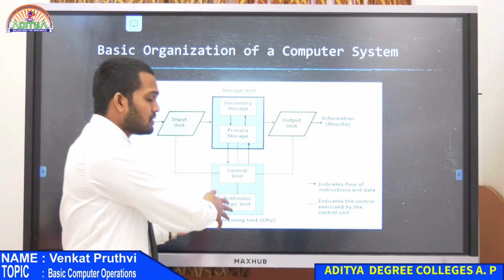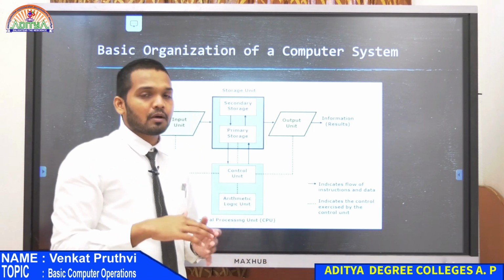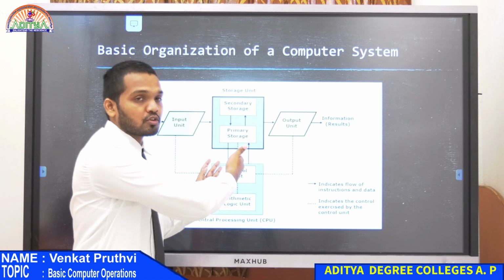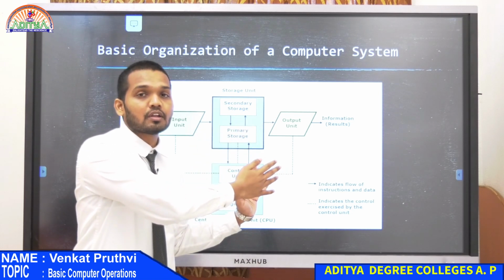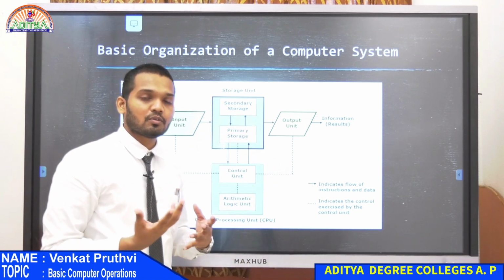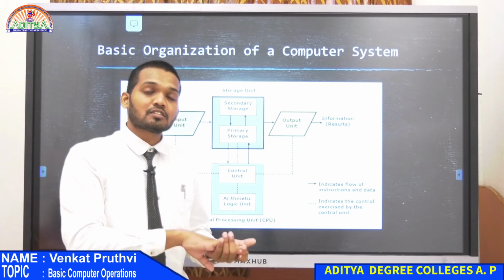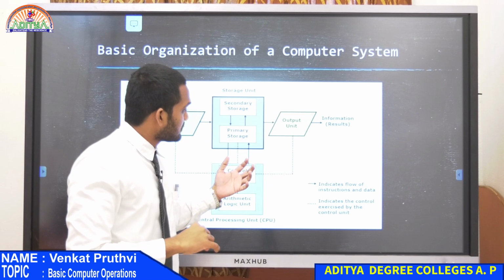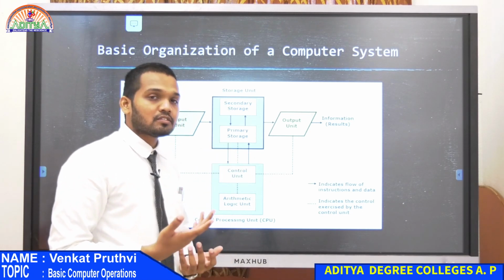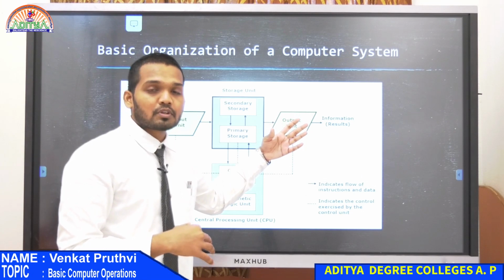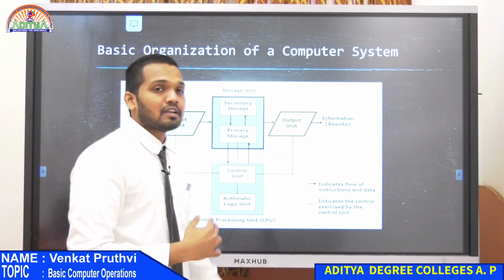Now the data that is processed by the computer is always in zeros and ones. When it is directly stored in the storage unit and given to the output unit, the user won't be able to understand what data is present or what data has been processed by the computer. So there is no use for us to get the process done, because to decode the output given by the ALU takes a lot of time.